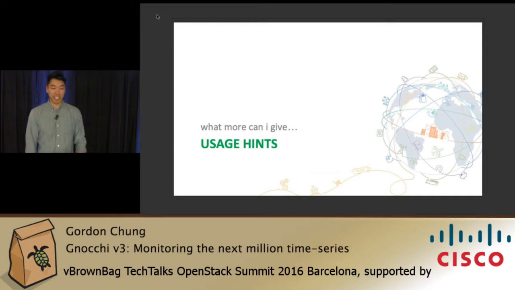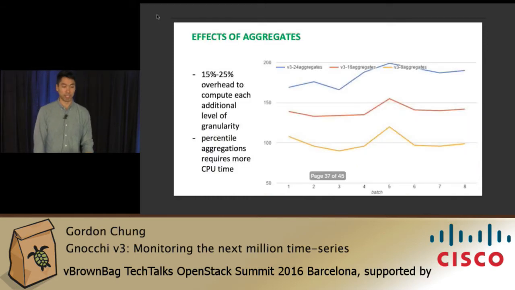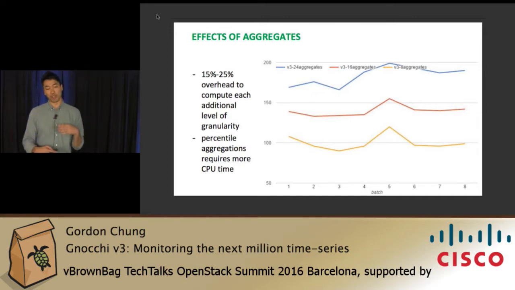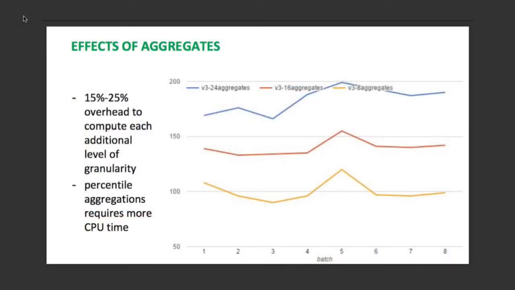In addition to that, I started playing around with different options and figuring out how we can improve deployment scenarios and how to deploy it properly. I found that for every granularity you add, like hourly or daily granularity or even more, there's about a 15 to 25% overhead to compute additional granularities.